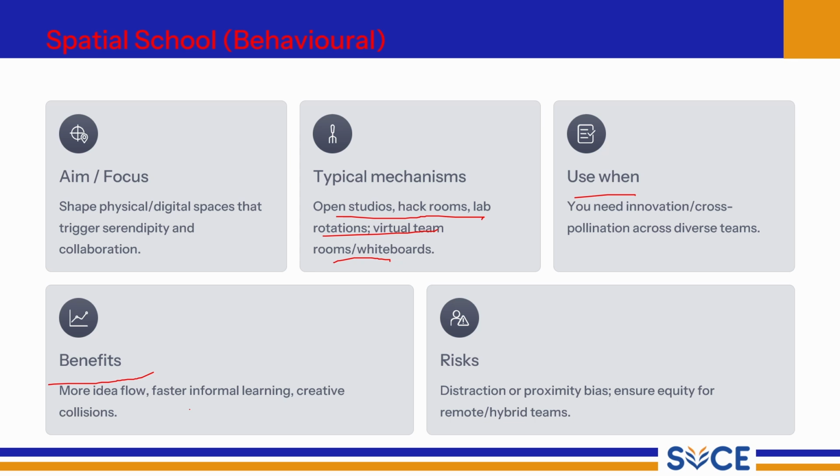So, innovation thrives on collisions. Here the risks of the spatial school are distractions or proximity bias, so ensure equity for remote and hybrid teams. The challenge is balance.